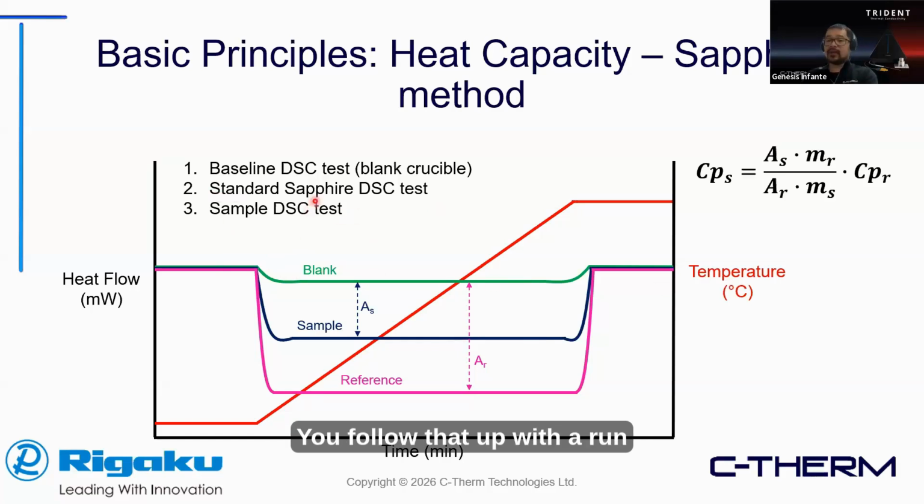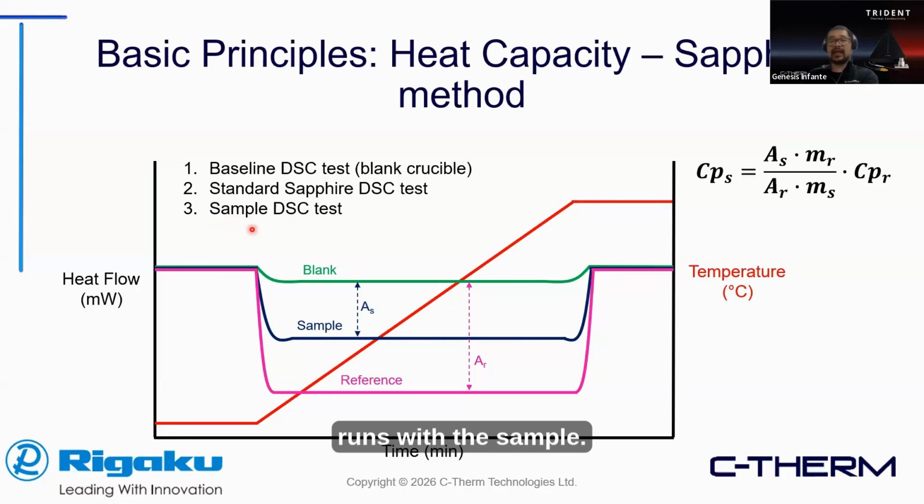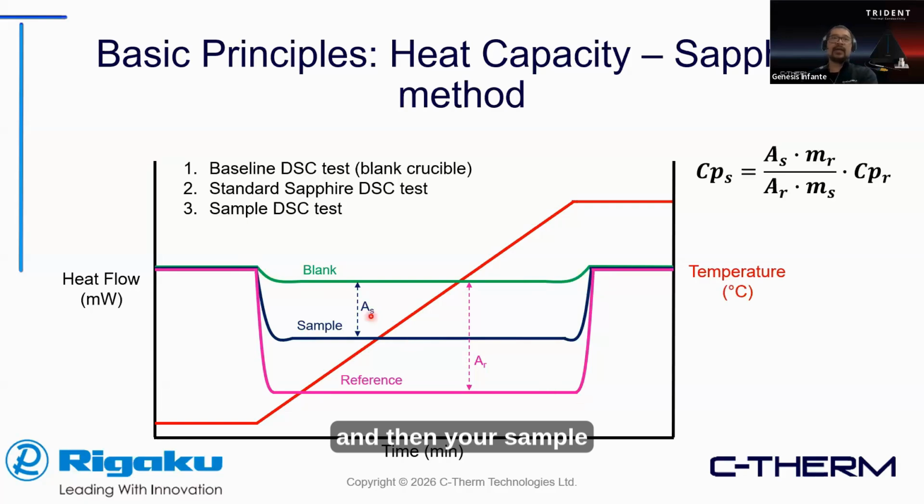You follow that up with a run using a sapphire reference material. Finally, you do another run with identical testing parameters as the last two runs, with the sample. What you end up getting is this heat flow versus time graph right here, where you have the blank versus the reference, and then your sample compared there.